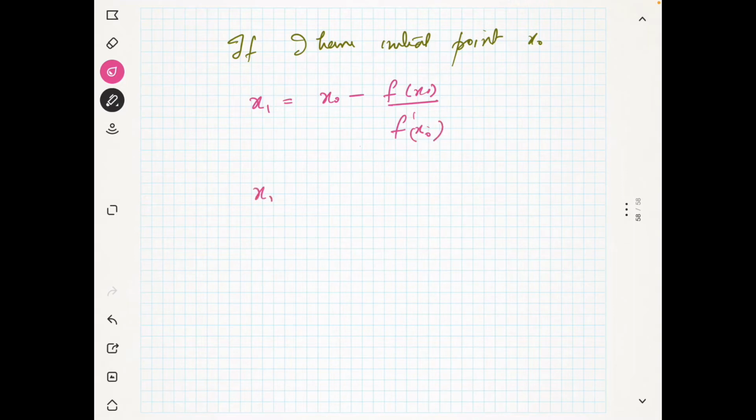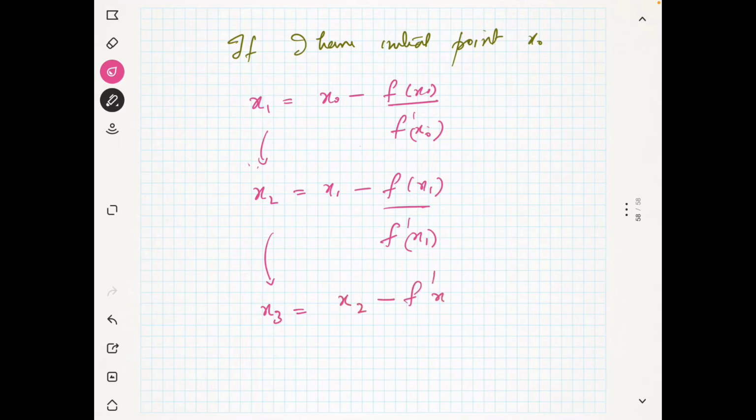Now from x1 I will find x2 as x1 minus f of x1 divided by f dash of x1. Then from x2 I will find my x3 as x2 minus f of x2 divided by f dash of x2. So this will continue.